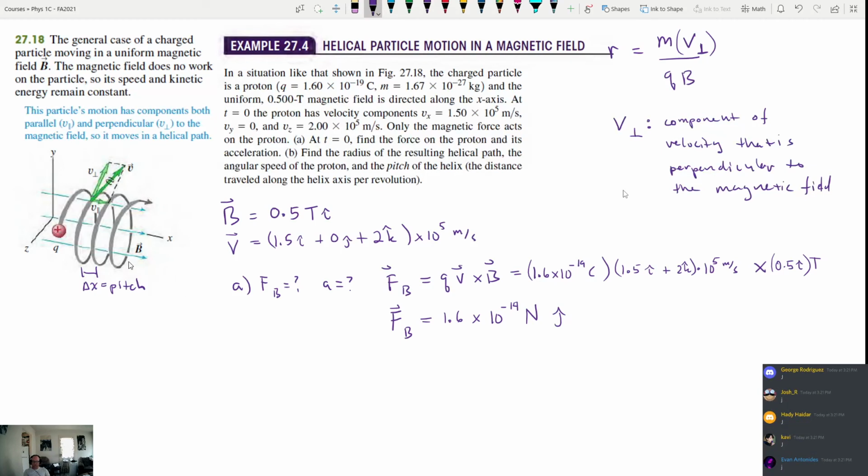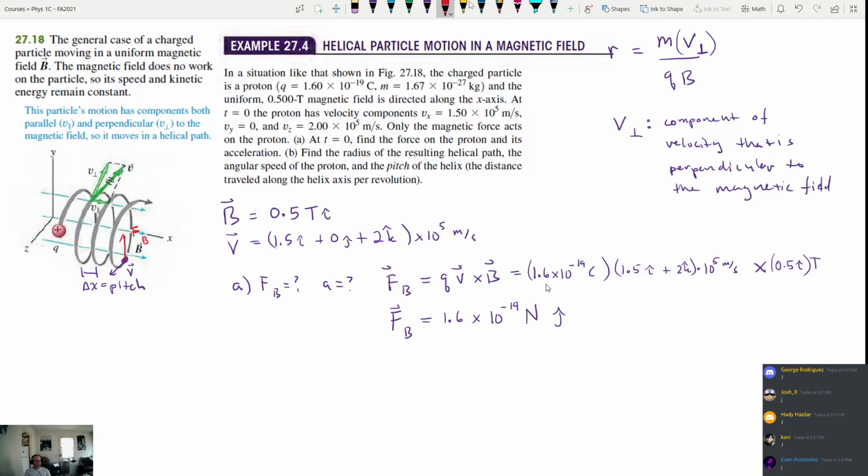Okay, so again, we're looking at the particle when it's down here, right? And we've just figured out that the force on the particle points toward the center, which is good. That's a good sign, right? Because if the velocity is out and the force is up, we can imagine that it would curl into the page, right? It would curl back up that way.